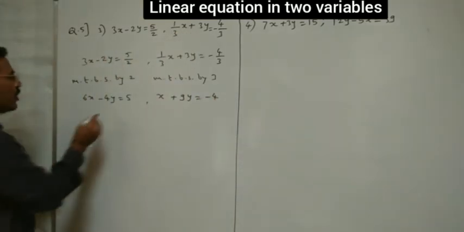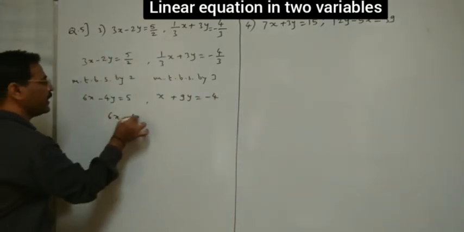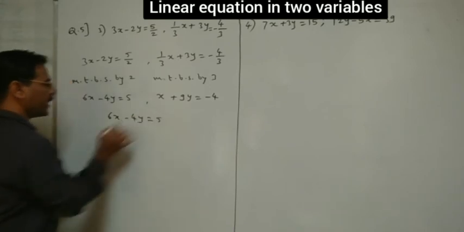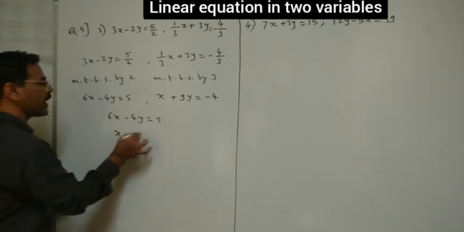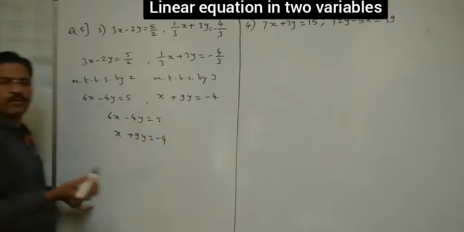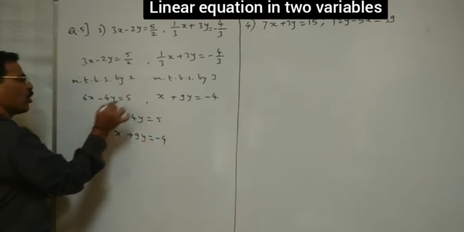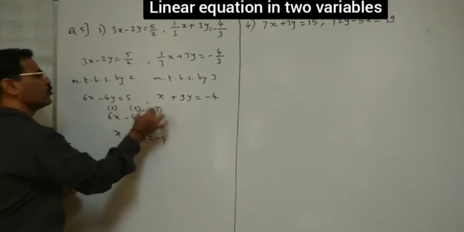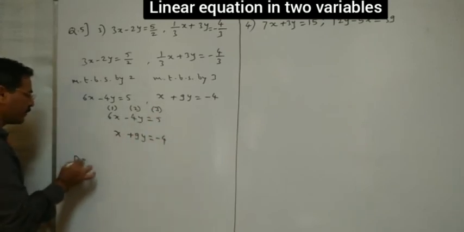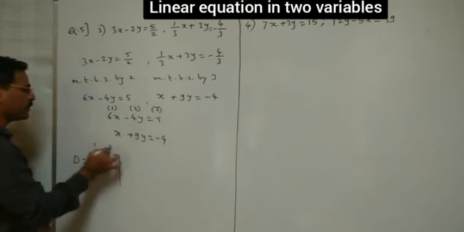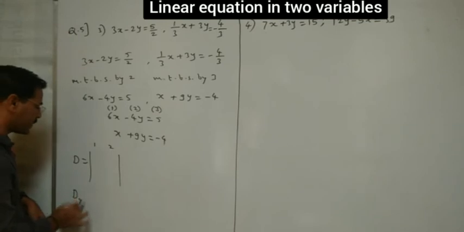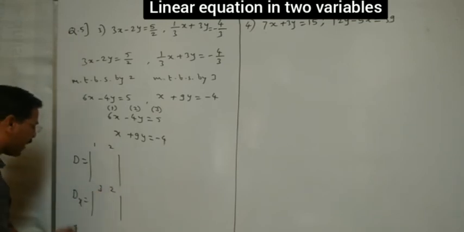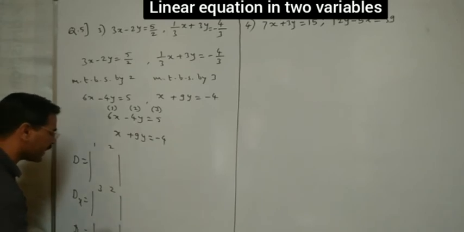So these two are written in neat form right now: x plus 9y is equal to minus 4. Now very similarly, this is column number 1, 2 and 3. D means 12, Dx 32 and Dy that is 13.